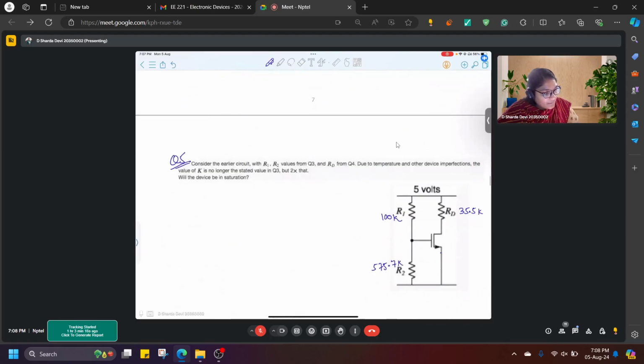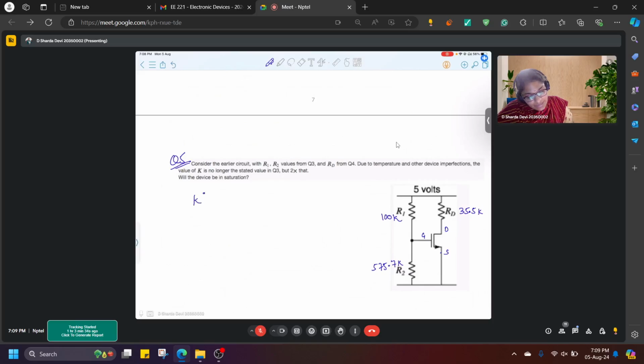In this particular problem, due to temperature and other device imperfections, the value of K is no longer the stated value in question number 3, but 2 times.